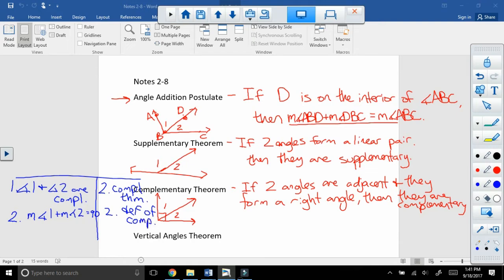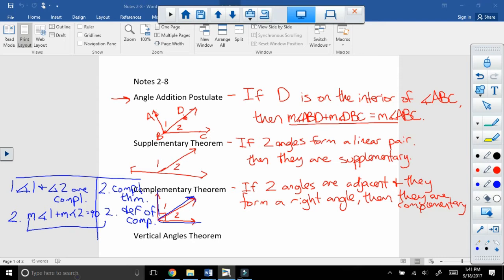So I know it seems a little redundant. That's just kind of how it is. You have to pretend like you're talking to somebody that maybe doesn't know what that word means. So you can say, oh, when they look like this, that means that they're complementary. And they're like, wait, what does complementary mean? And then you have to say that, whoa, that means that they add up to equal 90 degrees.